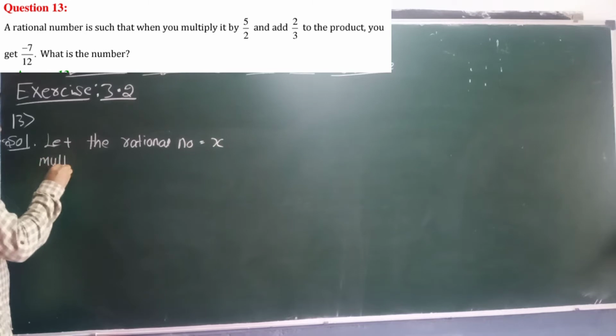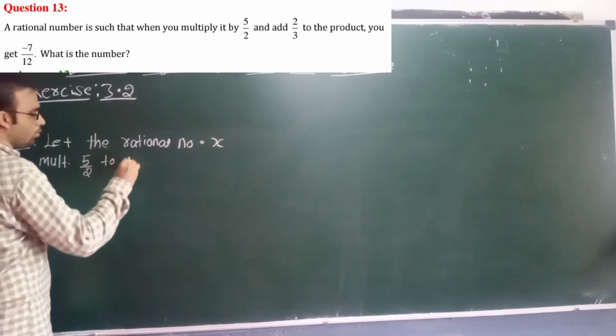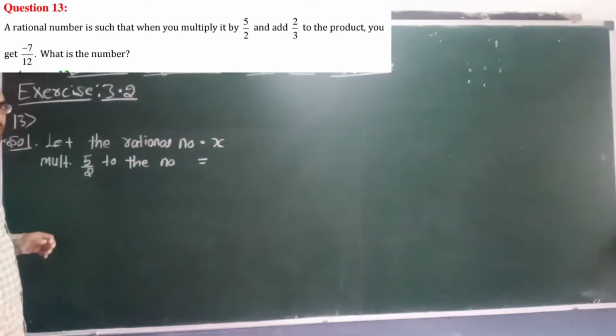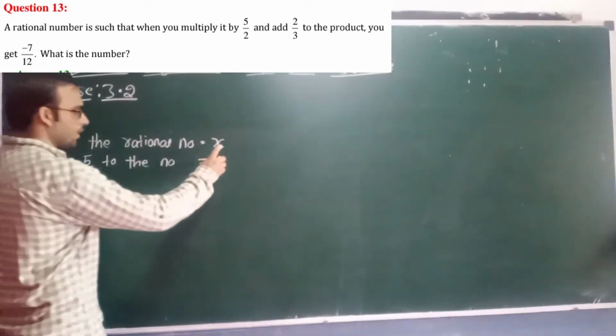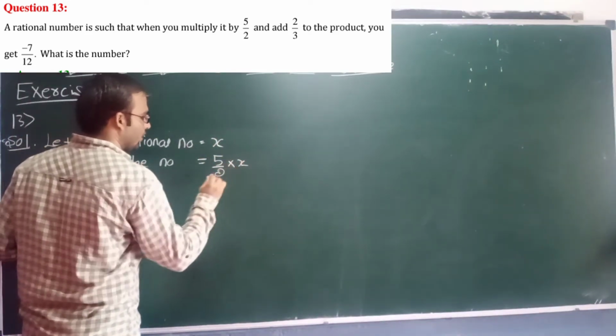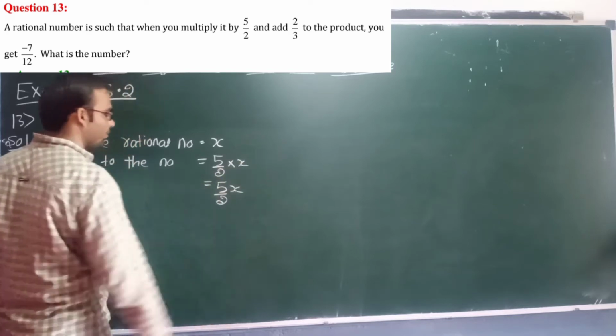Now multiply 5 by 2 to the number. Okay, so now what we need to do? We need to multiply 5 by 2 to the number. So what is the number? x, no? So 5 by 2 into x, that is 5 by 2x.